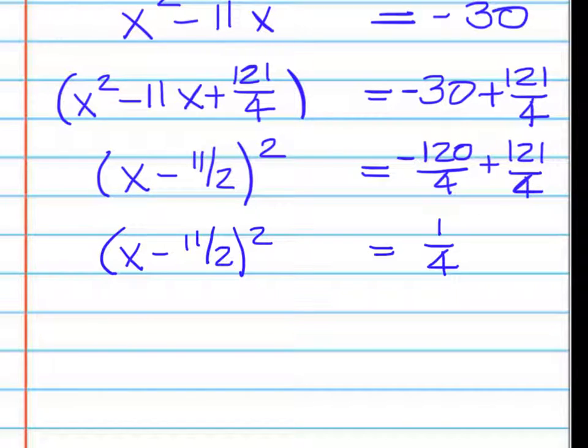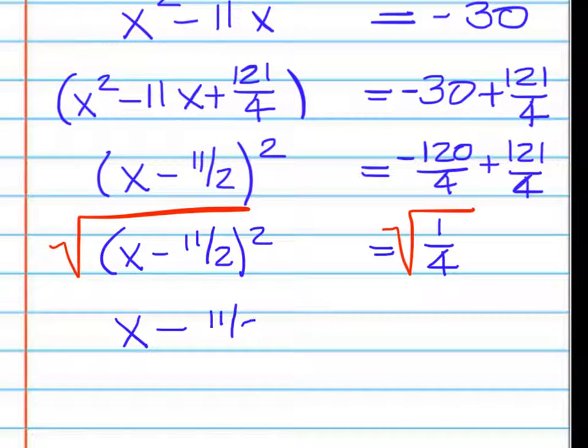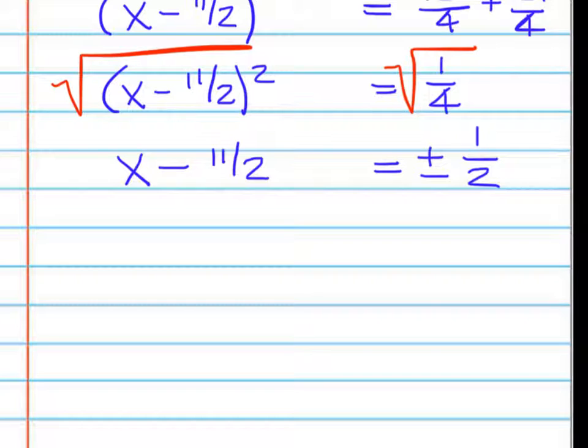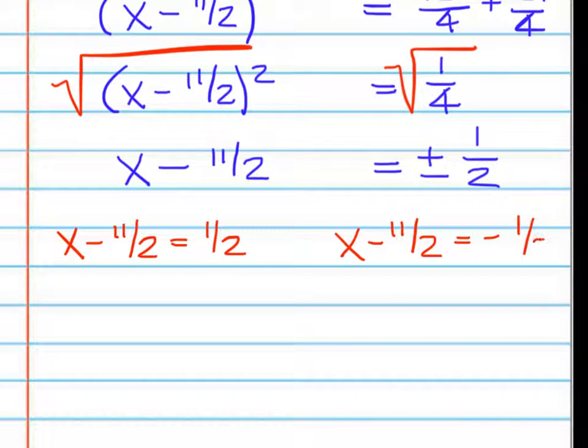Like we said in the last problem, square root of both sides leaves me with x minus 11 over 2 equals plus or minus. The square root of 1 is 1. Square root of 4 is 2. So I have two problems to do. X minus 11 over 2 equals 1/2, and x minus 11 over 2 equals a negative 1/2.